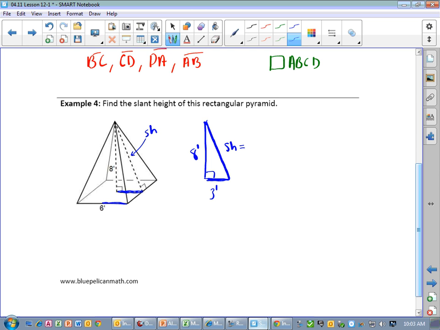You only use a trig ratio if you know an angle besides the right angle. Do we know another angle? No, we know two sides. So we use the Pythagorean theorem.